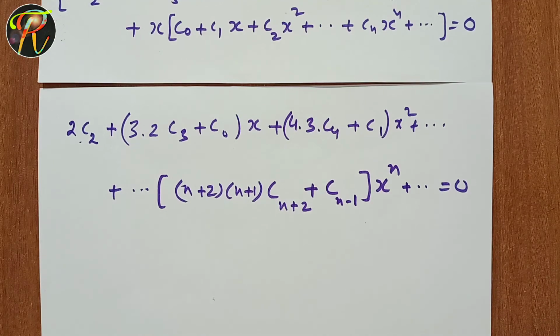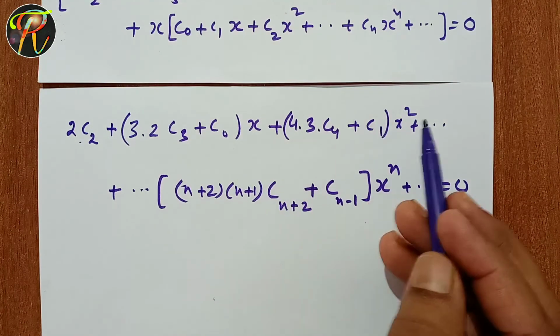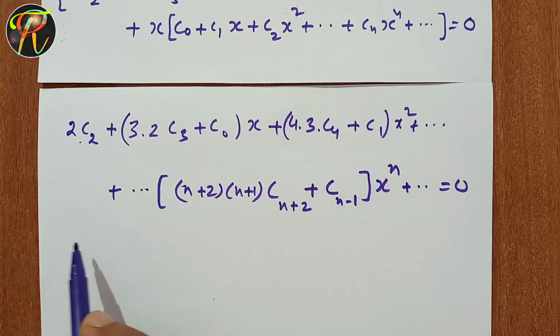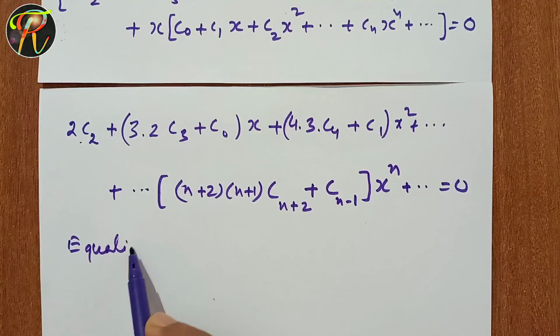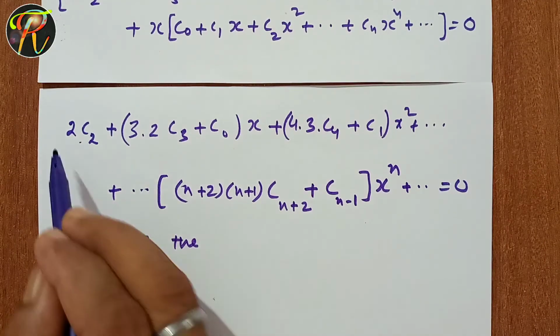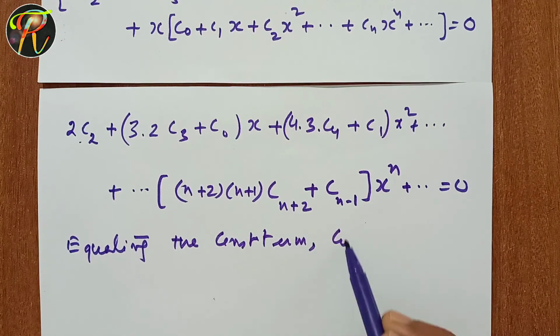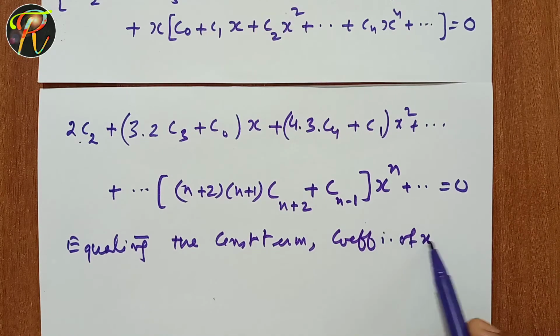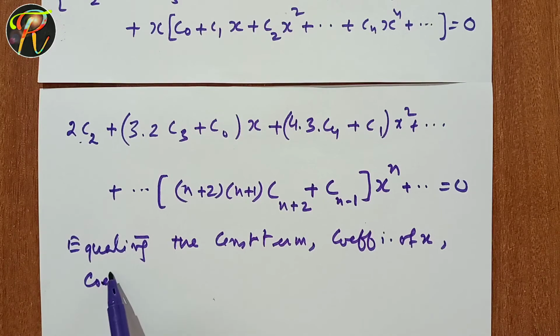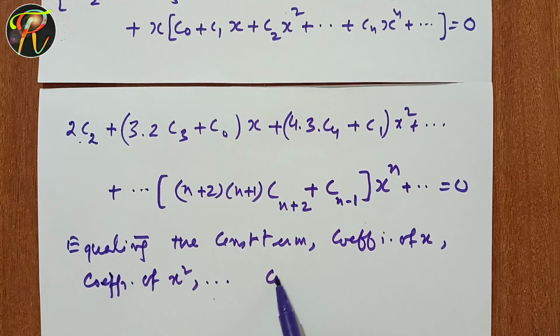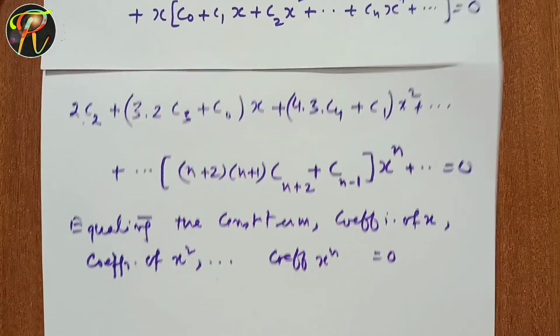Now equating the constant term, the coefficient of x, the coefficient of x square, up to the coefficient of x to the power n of our equation to 0, separately we put 0.